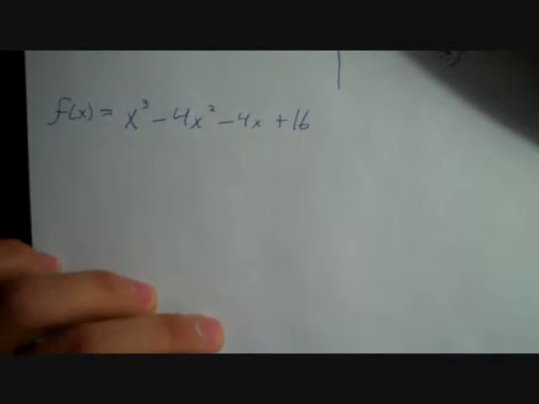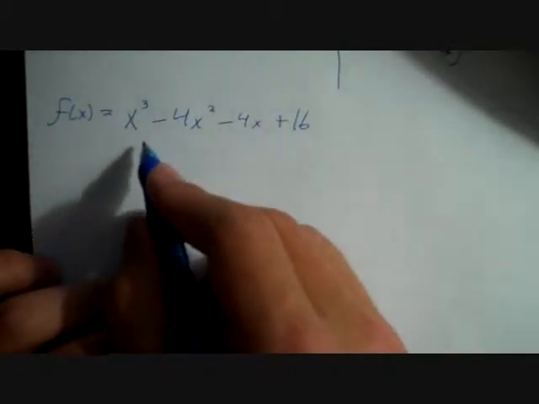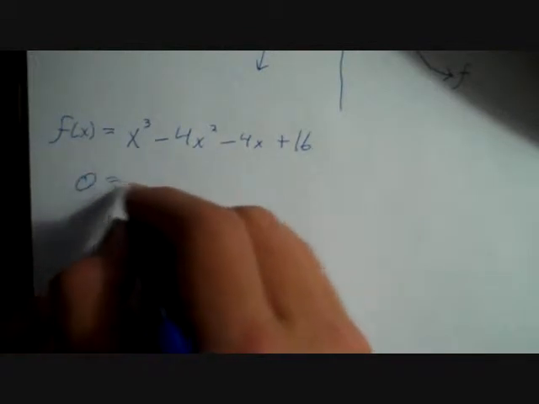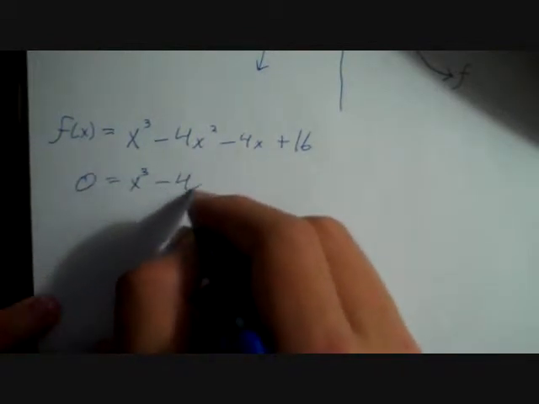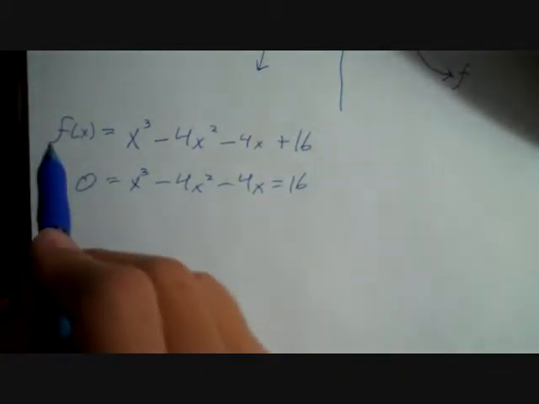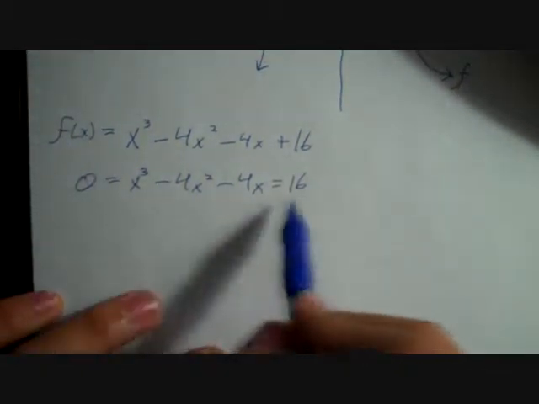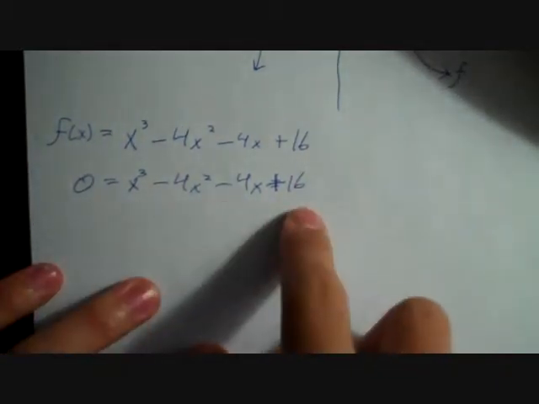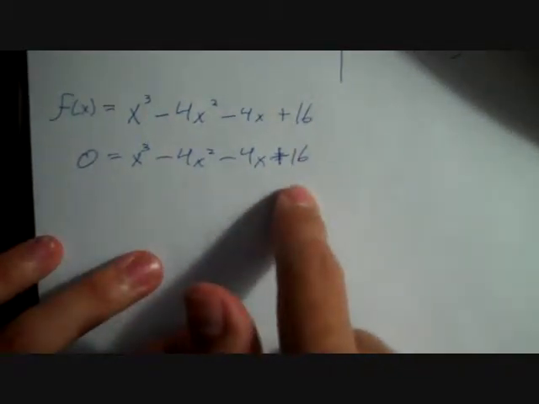Okay? So to find out the x-intercepts, we have to find out where this equals 0. So we just set our function equal to 0. This should be plus. So how do we do this? How do we find out where this function is equal to 0?